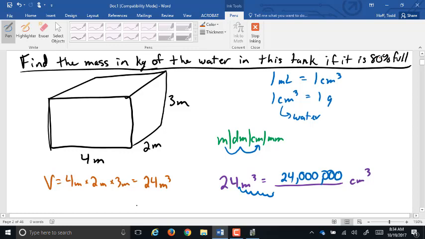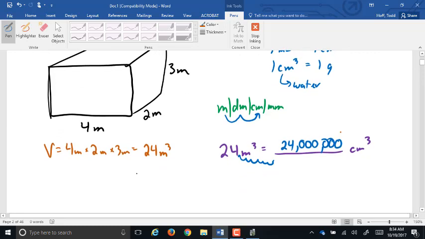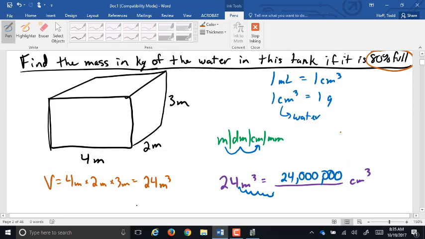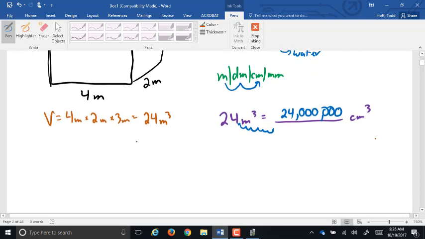Now here's the tricky part, it's only 80% full. So we could either do the 80% now and say that's only 80% of the volume, or we could get the mass of the whole thing and then use only 80% of that. Really doesn't matter which.